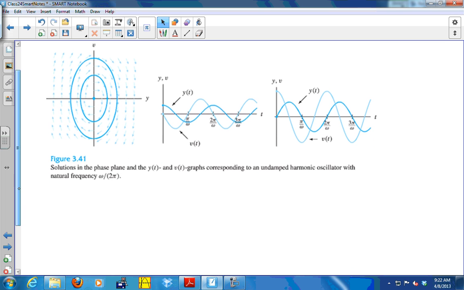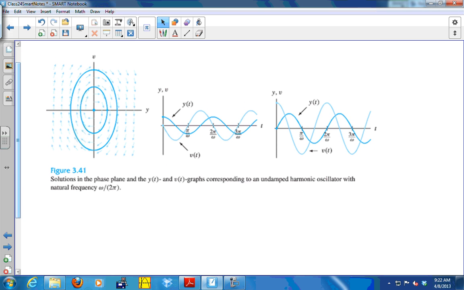So these are some pictures of the solutions. We've got the phase plane that has closed orbits, and then the x of t and the y of t, y of t and v of t graphs. So you can see they end up being sinusoidal.